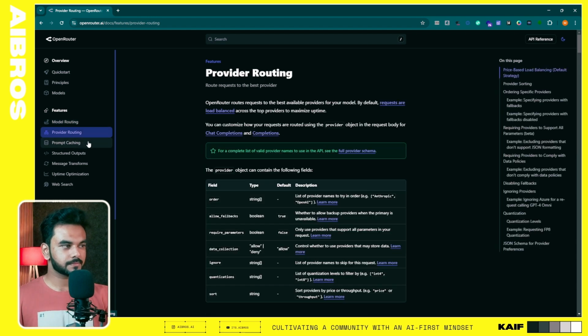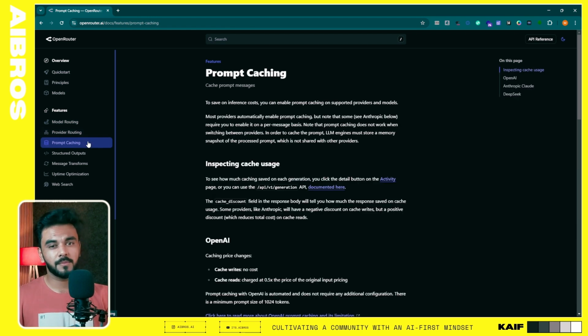And it provides you with prompt caching. Prompt caching is a different concept where you save the cost of processing your input by caching the prompt to your LLM.